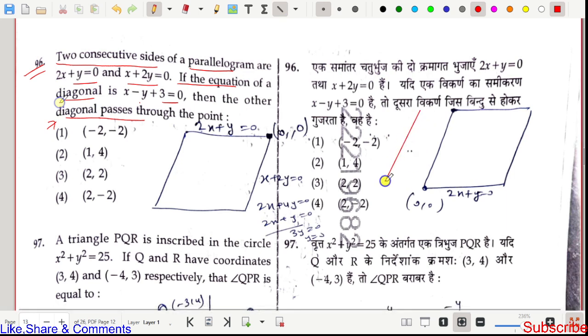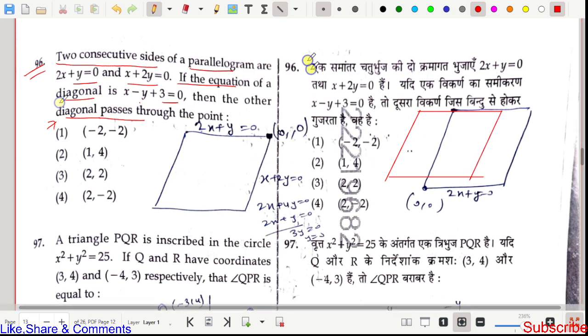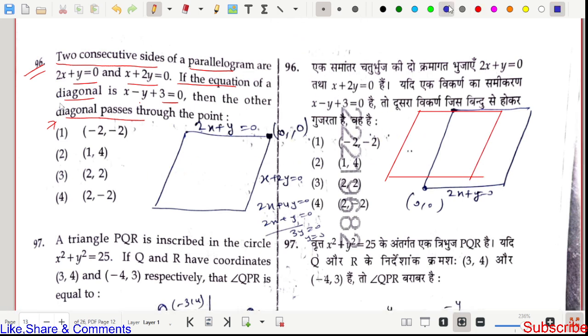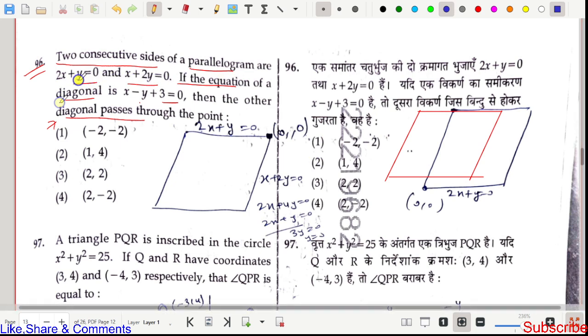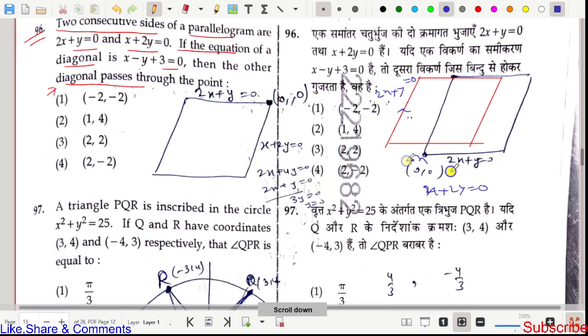So we are drawing a parallelogram, suppose. Now two straight lines as consecutive sides are given. Consecutive means just beside. So one side, suppose, is 2x plus y equals 0. The second, suppose I'm writing down, is x plus 2y equals to 0. Now this line we can write in the form of y equals minus x by 2.